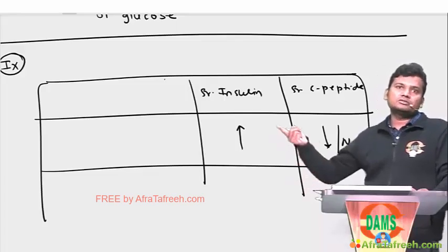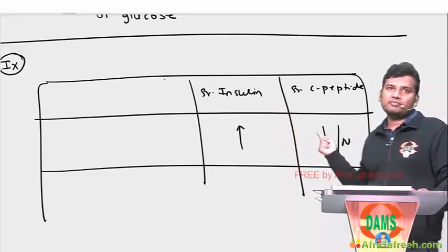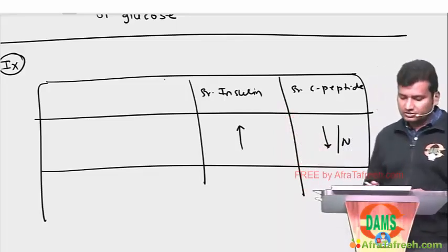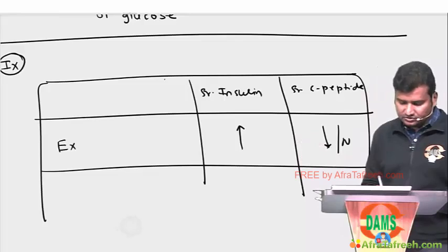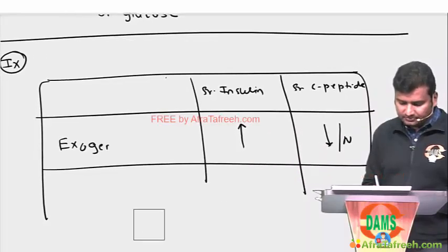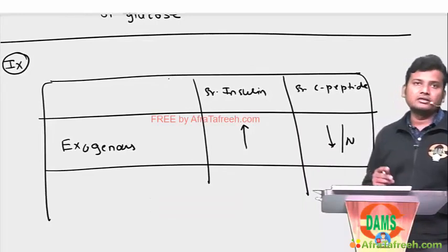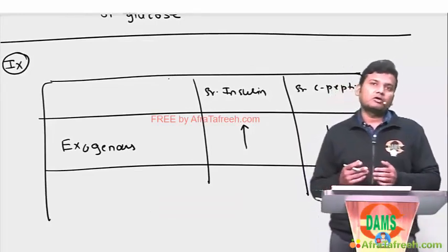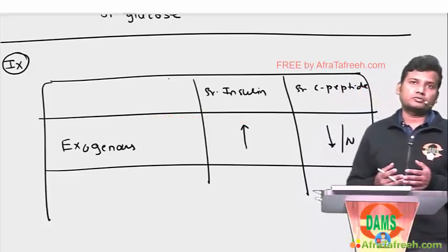Now only insulin is increased while C-peptide is decreased. So this is exogenous insulin. It means the patient has taken injections of insulin or has taken a high dose of insulin.